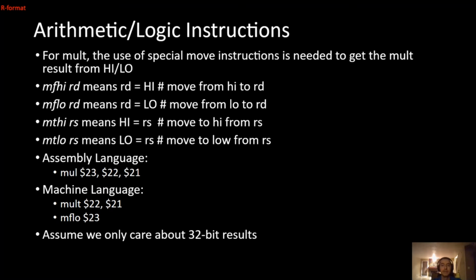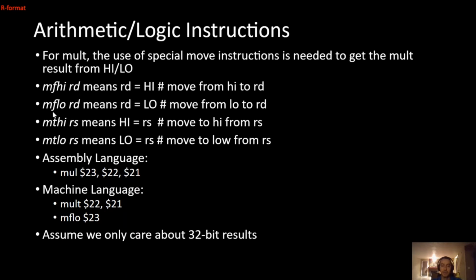And we have four special instructions to read data from or write data to the low and high registers. For example, this one is move from high, and that means it's going to take the data that is in the high register and put it into the RD, or the register that you are specifying.